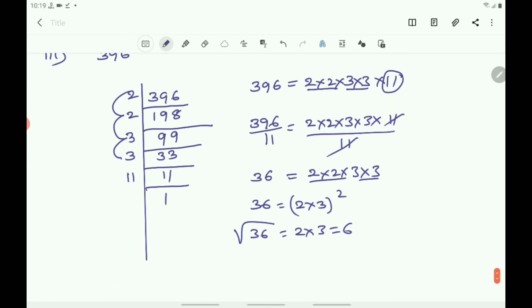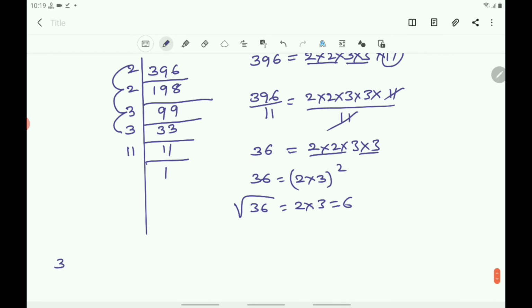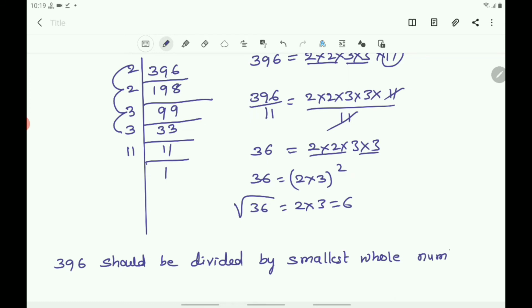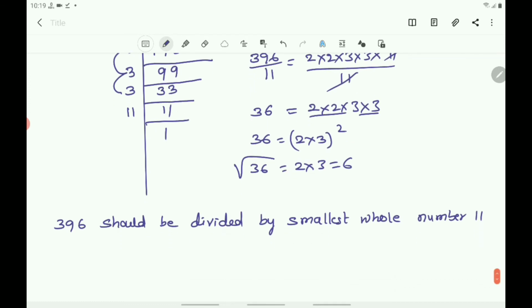So what you have to write here? 396 should be divided by the smallest whole number 11 to make it a perfect square.